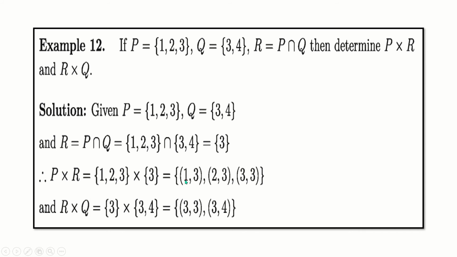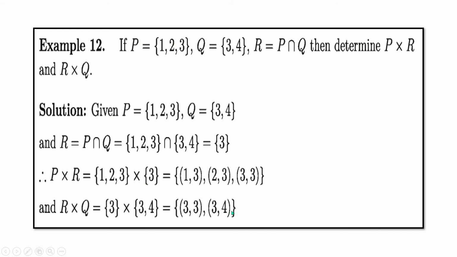The first elements 1, 2, 3 are the elements of P, and the second element 3 is the element of R. Similarly R cross Q, R is equal to {3}, Q is {3, 4}, so here will be (3, 3) and (3, 4). The first element 3 is the element of R, and the second elements 3 and 4 are the elements of Q. So this and this are the required answer.